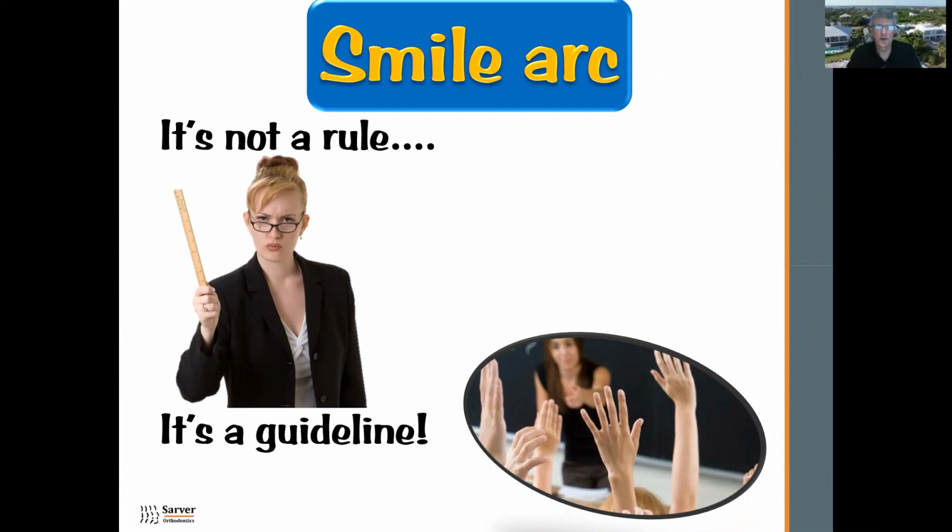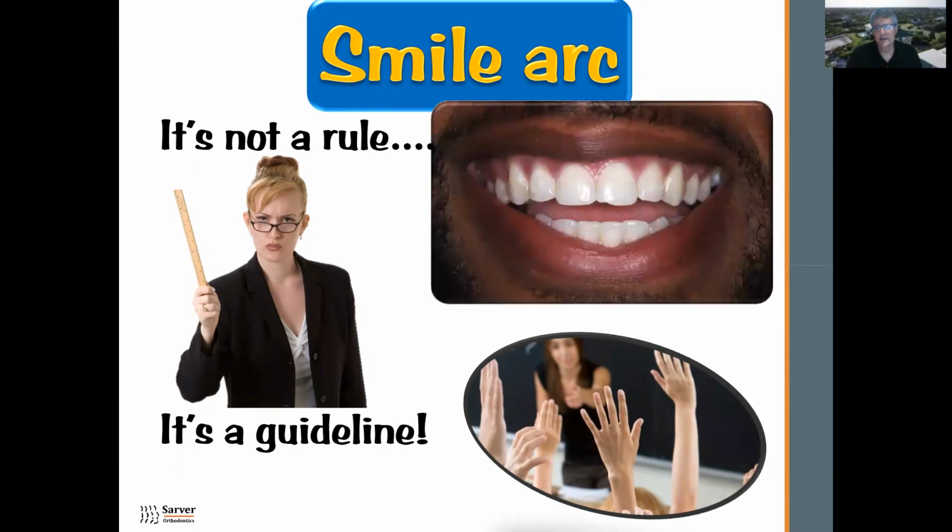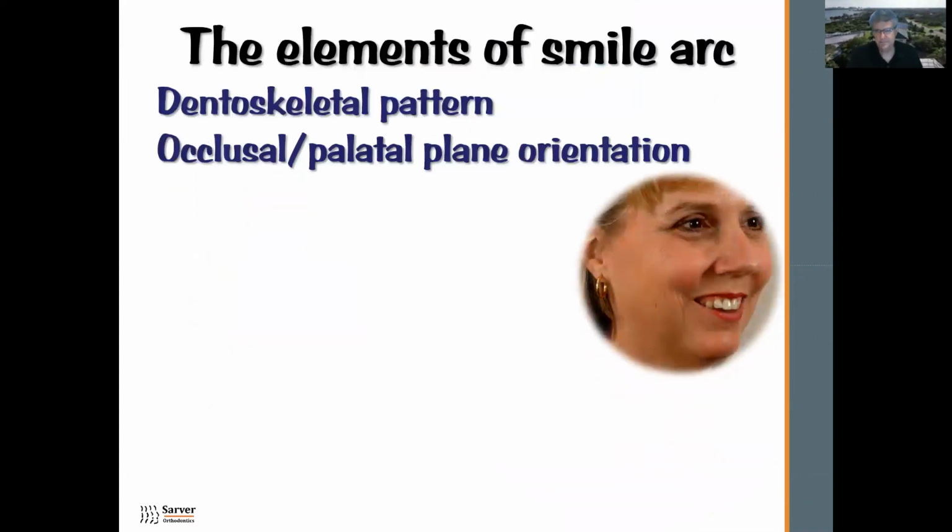But let's make sure that everybody understands that if you end up in treatment with a flat smile arc, there's profile to consider, there's extraction, non-extraction, there are so many other things to consider that I like to emphasize that it's a guideline like everything else, that I would not want to get a consonant smile arc in that patient's lip orientation.